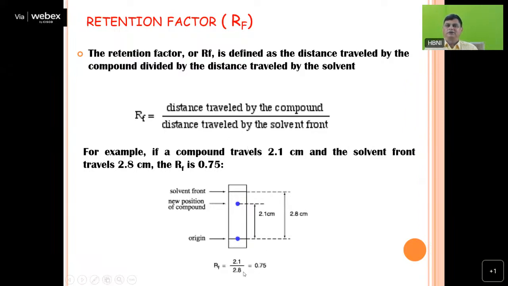You can see in that diagram, this is the solvent front, and these are the compounds, for example your solutes, at their new positions. The distance traveled by the solvent is 2.8 centimeters, whereas the distance traveled by the compound is only 2.1. So the retention factor comes out to be 0.75. This is how the retention factors are calculated. These retention factors are in turn a fingerprint for the separation of different compounds.